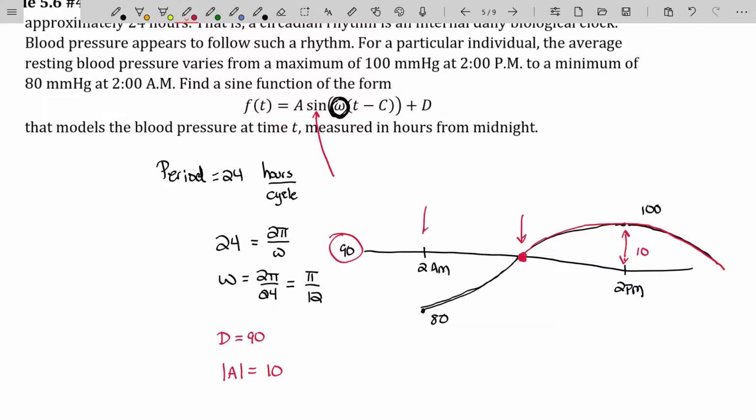The halfway point between 2 a.m. and 2 p.m. is 6 hours away from 2 a.m., or 8 a.m. Now remember, T is measured in hours from midnight. So time 0 is somewhere here. This is time 2. So this must be time 8. And this must be time 14.